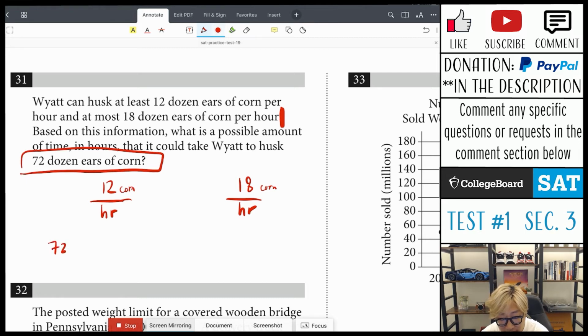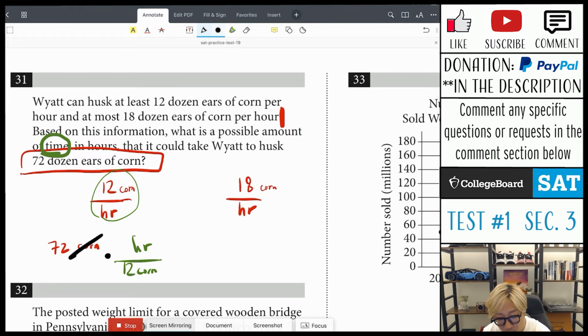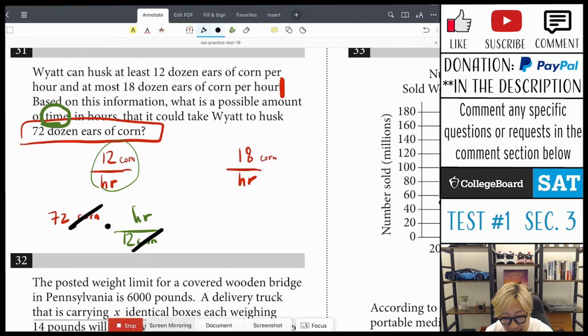So 72 corn. Well, if you know how to work the units, I want to figure out the time. So what I want as a unit at the end of the day is the hour, not the corn. So I'm going to flip this: 12 corn over hour. Why did I do that? Because only then I can multiply, so the corns will cancel. If you do that, that just leaves you a nice 6 hours.